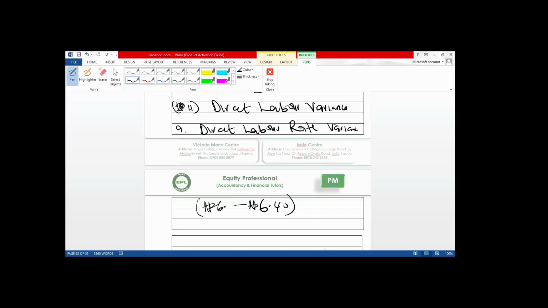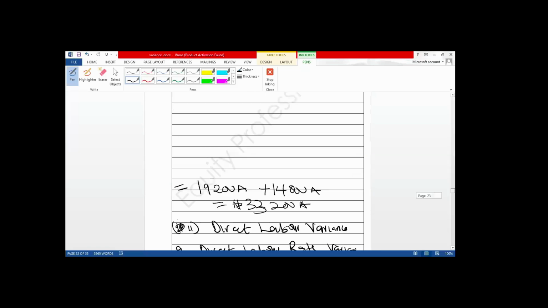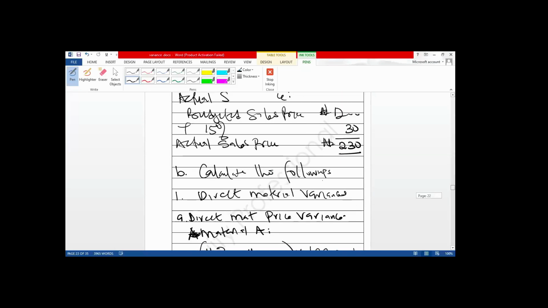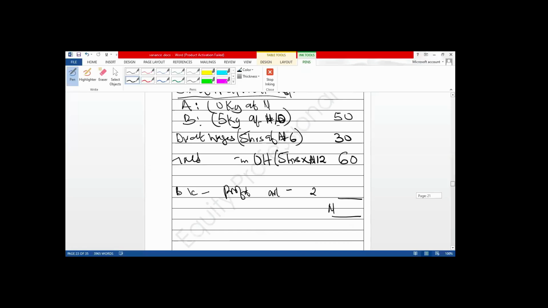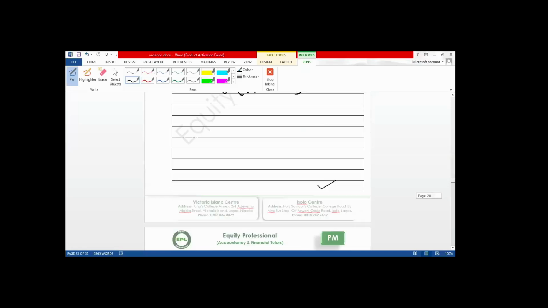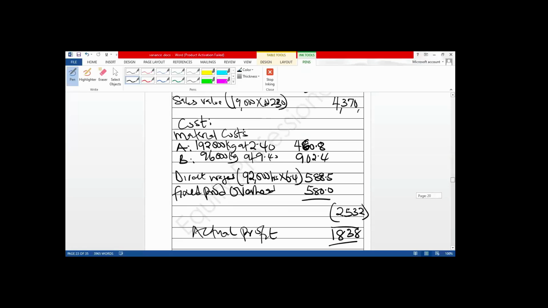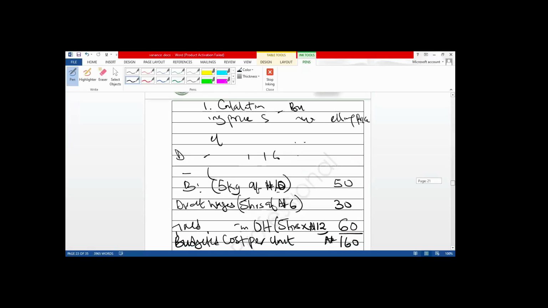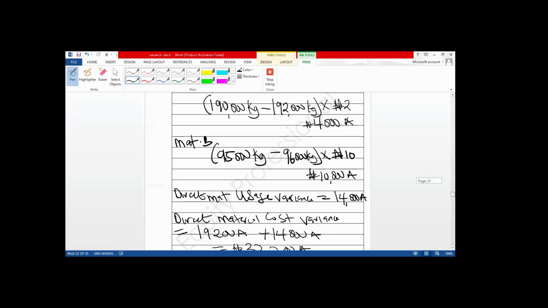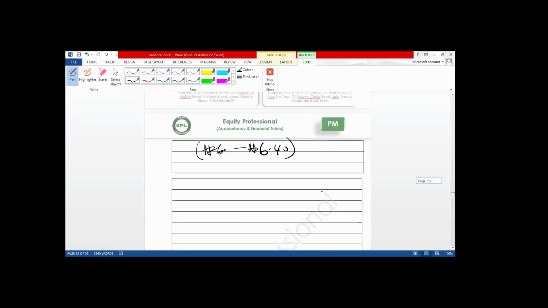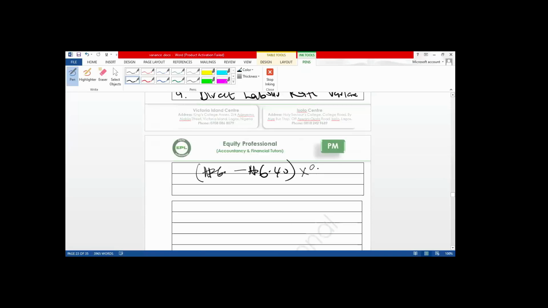Actual labor hours, 92,000 labor hours actual, multiplied by 92,000 hours.